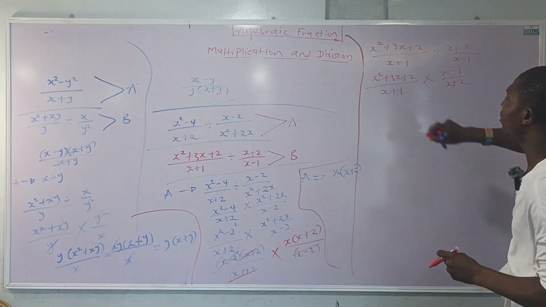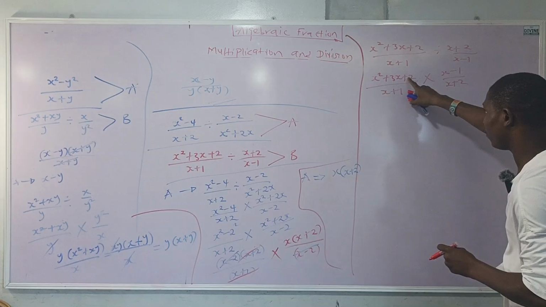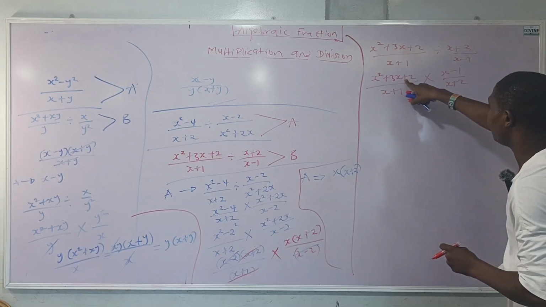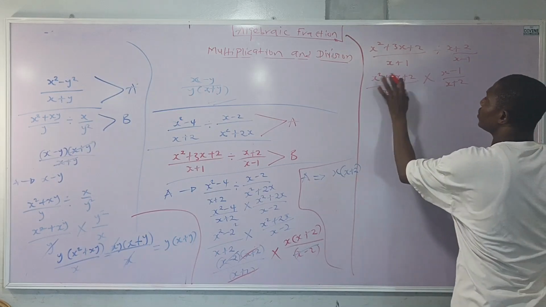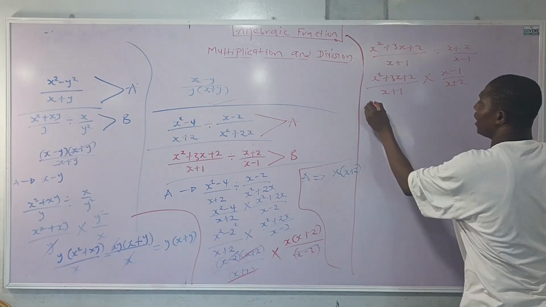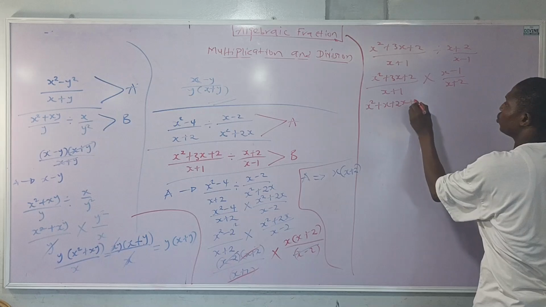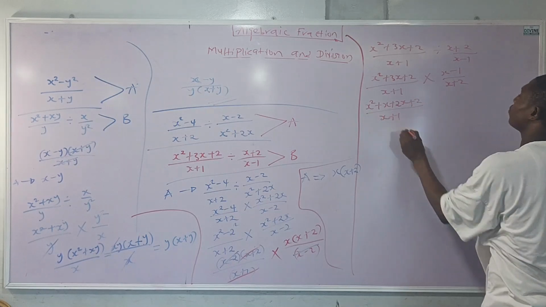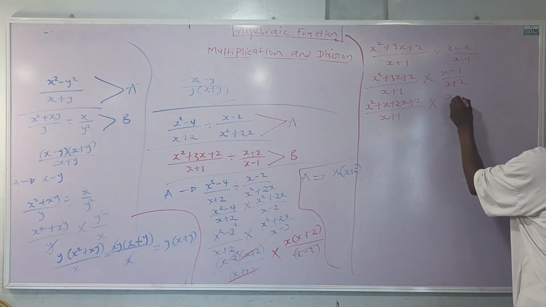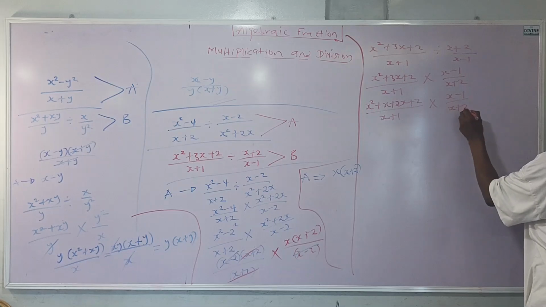Now we factorize the top left of the first fraction: 2 times 1 is 2, so I can simply have x squared plus x plus 2x plus 2 all over x plus 1 times x minus 1 all over x plus 2.